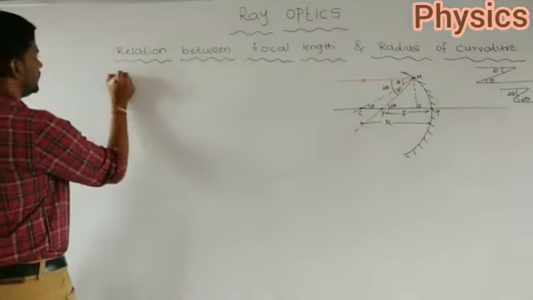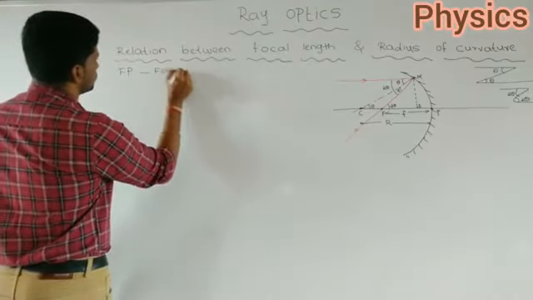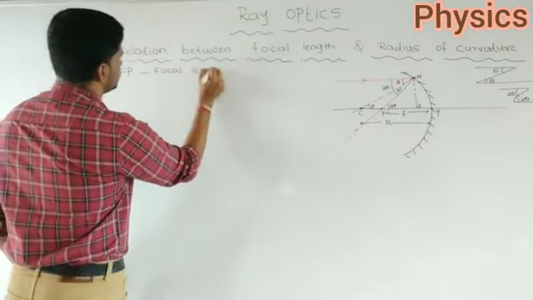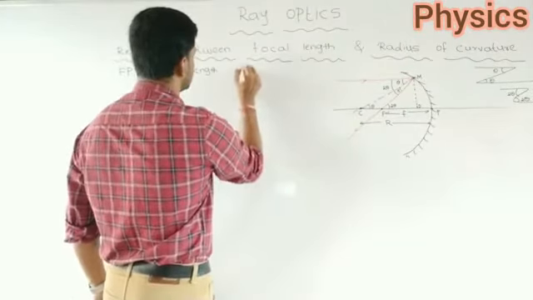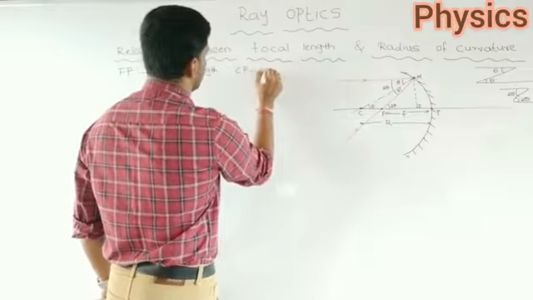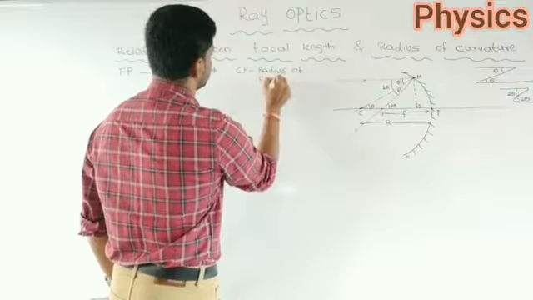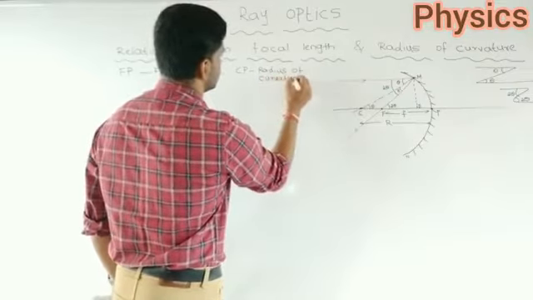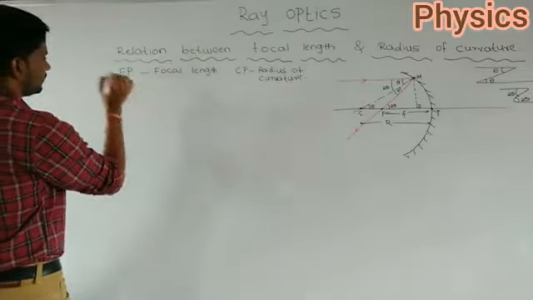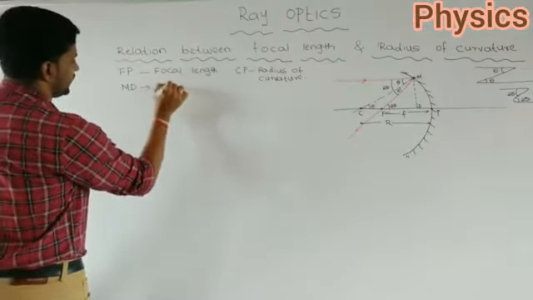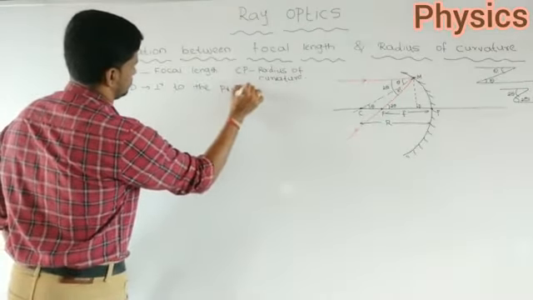Here FP is nothing but the focal length. The distance from C to P is the radius of curvature. And here the line MD is perpendicular to the principal axis.